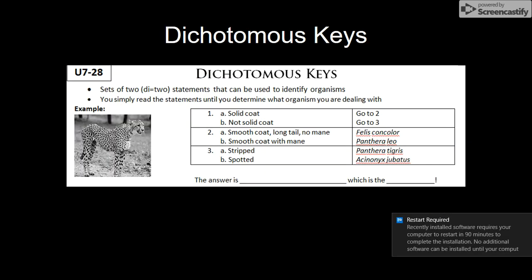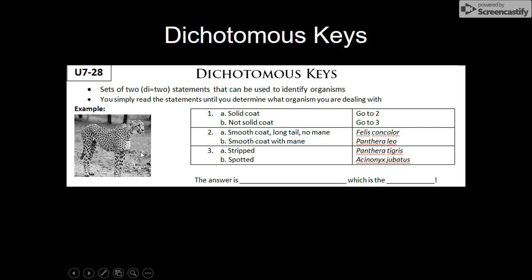Now we have a dichotomous key. A dichotomous key, because di means two. It's a set of two statements that's going to help you identify an organism. I go into the jungle, I see this organism, I don't know what this organism is. I can use a dichotomous key to help me identify what it is. Start with step one.